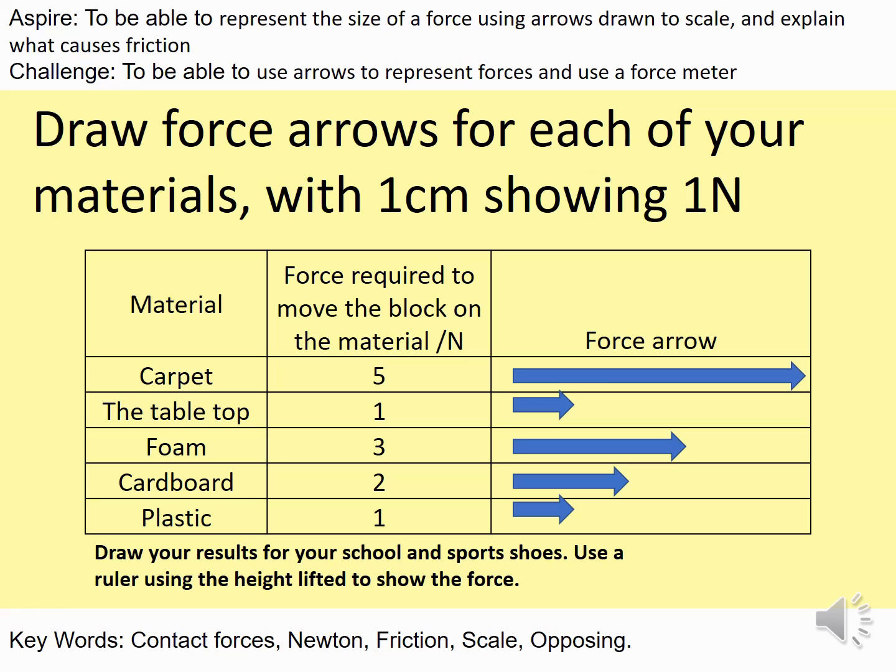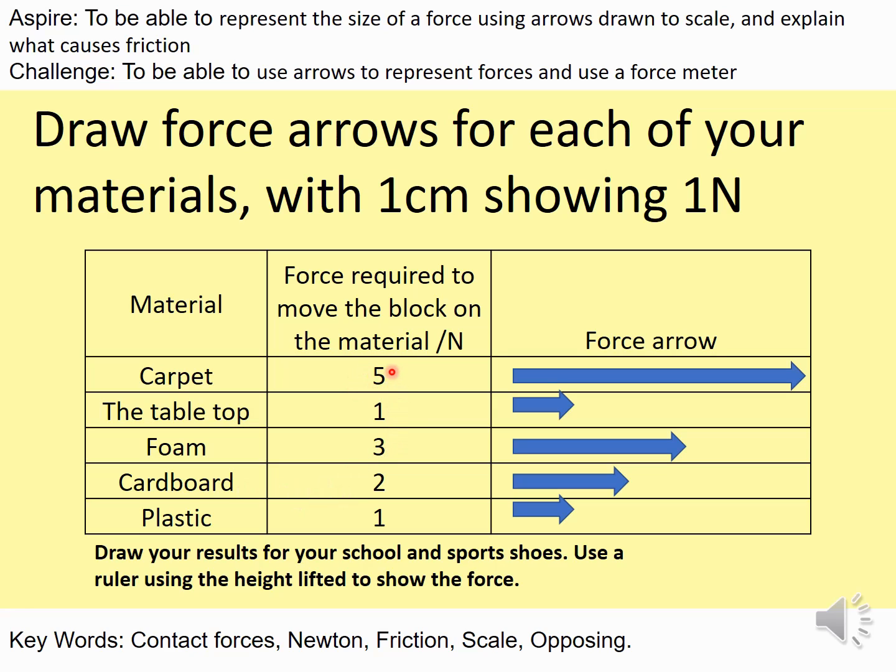Okay, here's another example, and I want to use this example to get you doing a little bit of extra work on your results. Draw force arrows for each of your materials with 1 centimetre showing 1 newton. Now, here's an experiment that students would do in class. We give them different materials and they stand the same object on top of the materials and then use a Newton meter that you saw in one of the earlier slides, and they pull on the Newton meter until it starts to slide.